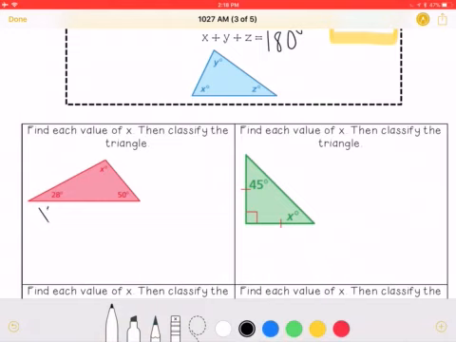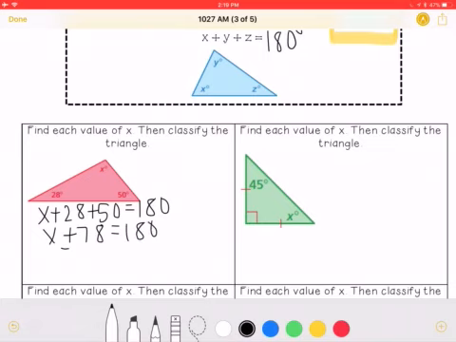I'm going to add X plus 28 plus 50 should all equal 180. Now combine your like terms and solve for X. So for this problem, I'm getting X to equal 102 degrees.